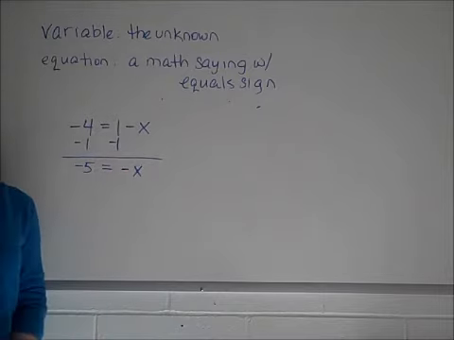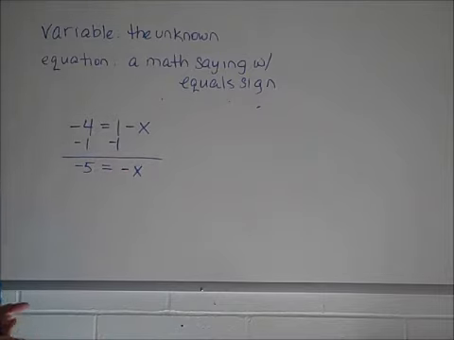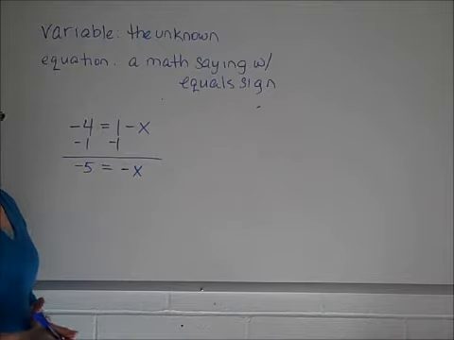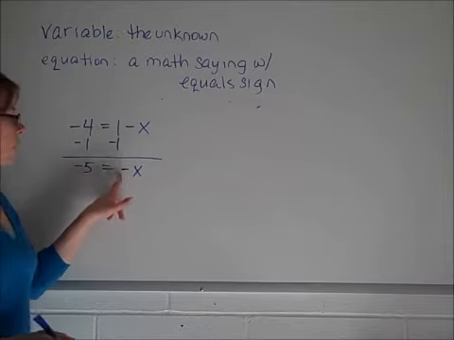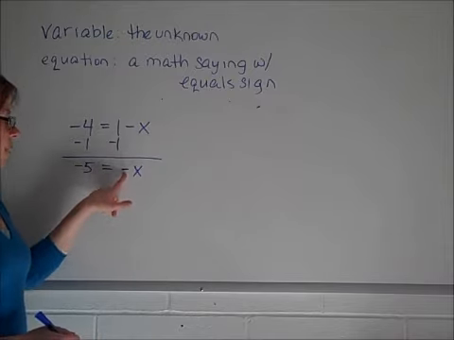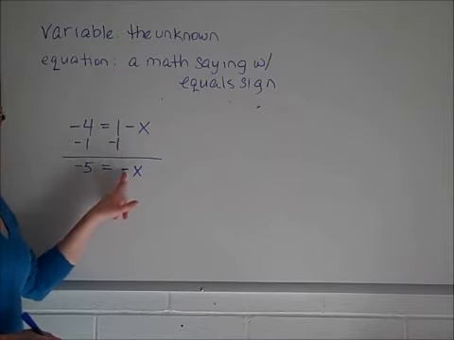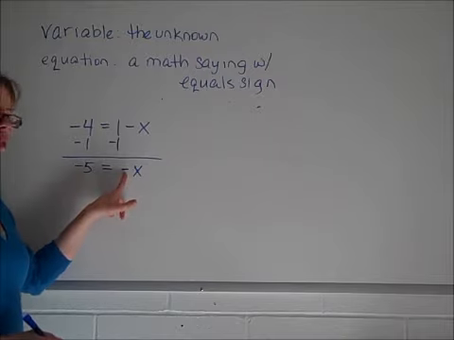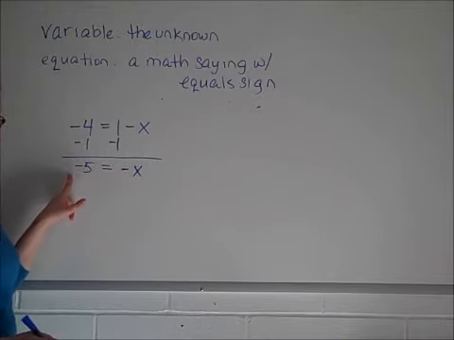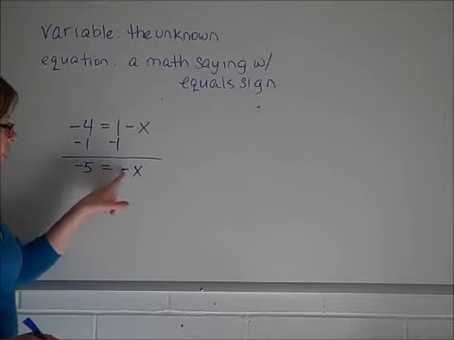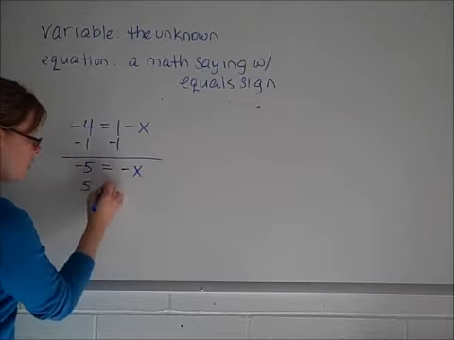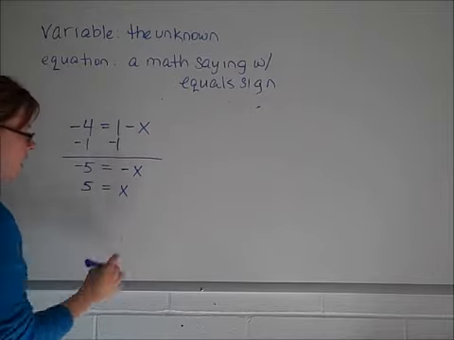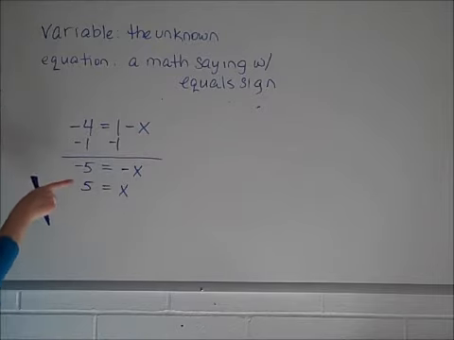Now it might look like I'm done with this equation, but the deal is that I'm trying to get the variable alone, and currently it's not by itself. So we need to get rid of that negative sign. So we can switch the sign on this side, provided that we do the same thing on the other side. So negative 5 equals negative x is the same thing as positive 5 equals positive x. So I switch the sign on one side, I switch the sign on the other.